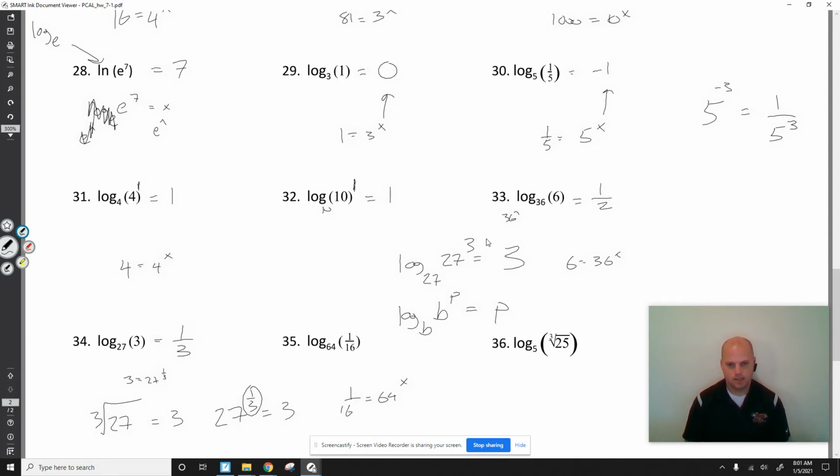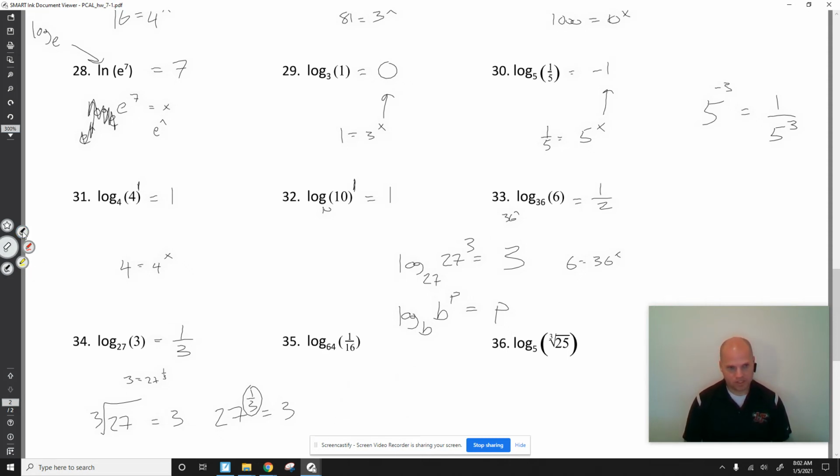You take the cube root of 64, it's 2. This is going to end up being like a negative power. I actually don't know what this is. Wow, this is a tough one. This is a tricky one.